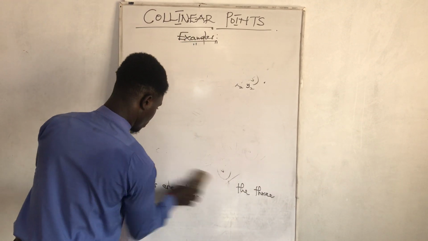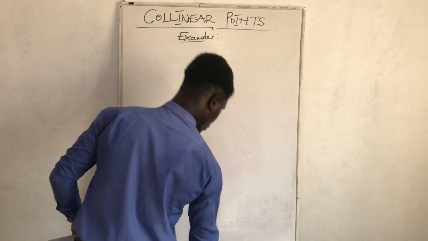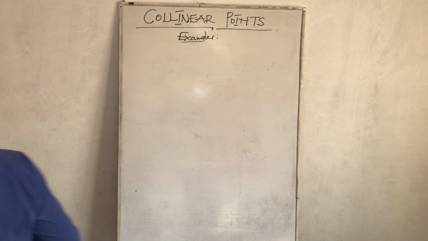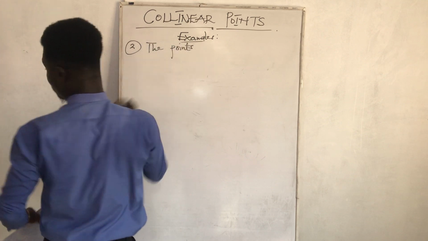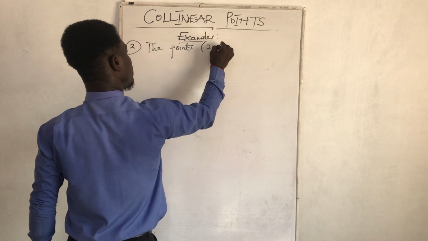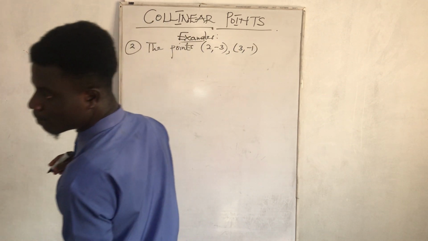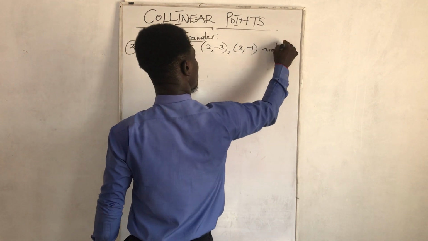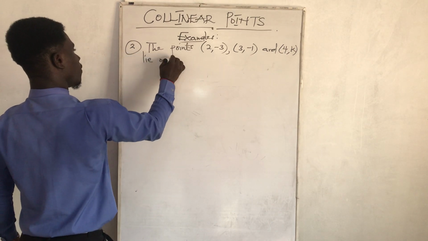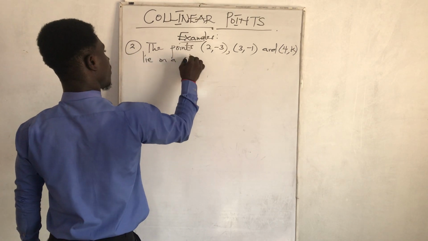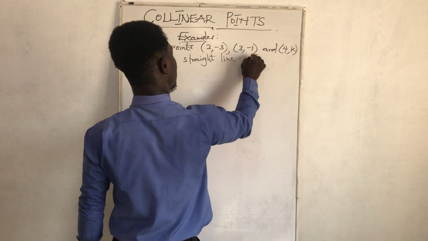Example 2 says: the points (2, -3), (3, -1) and (4, k) lie on a straight line. Find k.